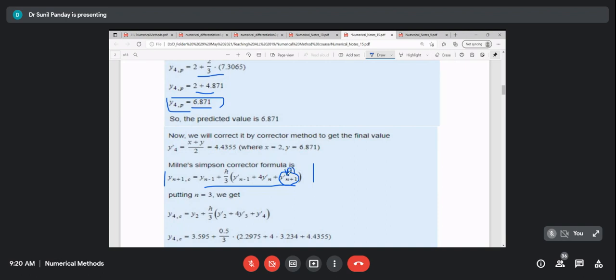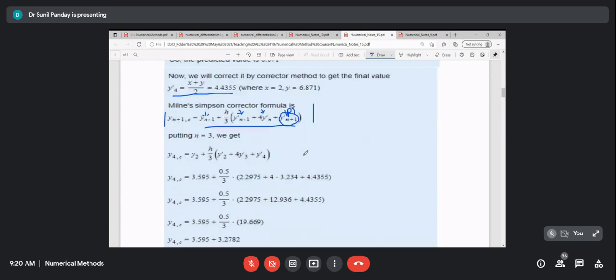You can specifically mention it, like we will substitute here y dash predicted value. Otherwise, how will we calculate yn plus 1 dash? Because till now we don't know yn plus 1, but this is the predicted value. So this we can use to calculate this one. These two were already calculated in the predictor steps, and this one is given here.